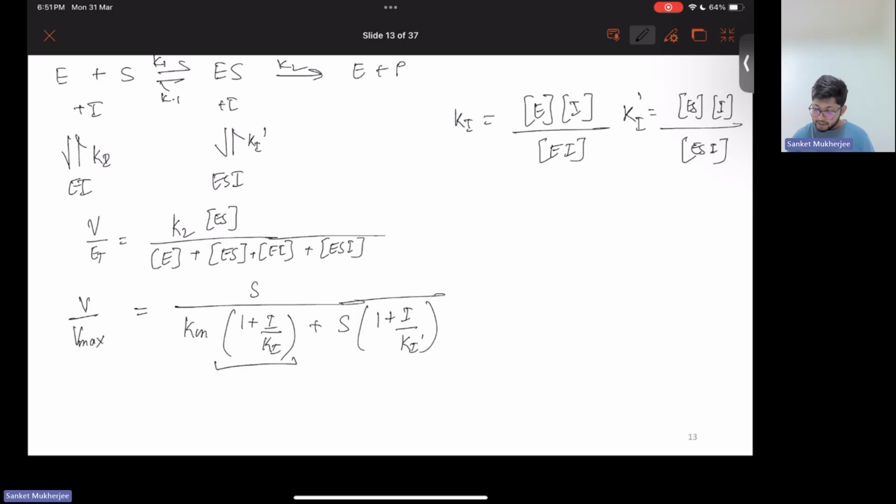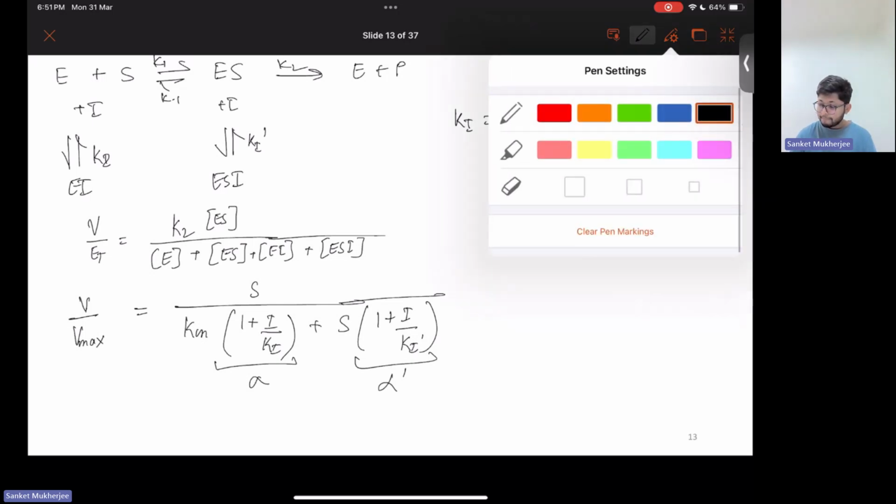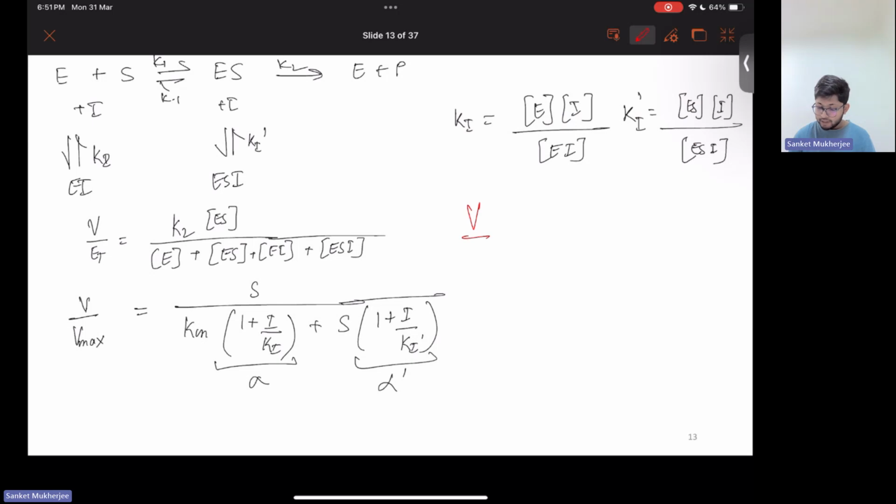If we mark this as alpha and this as alpha dash, so V by Vmax, the final equation is substrate concentration by alpha Km plus alpha dash S.